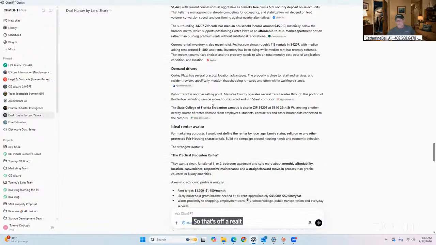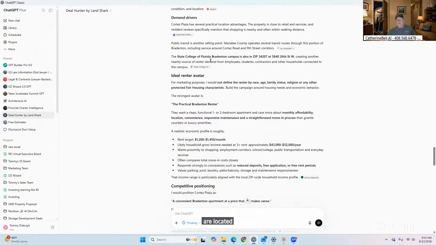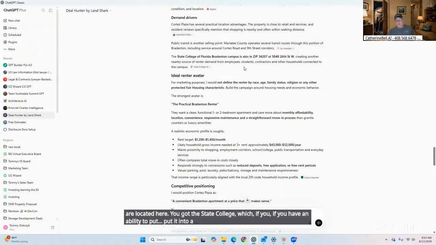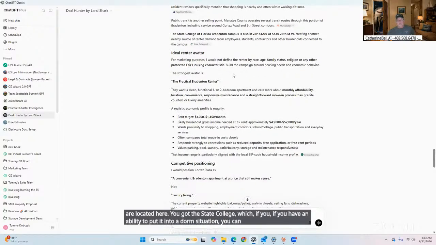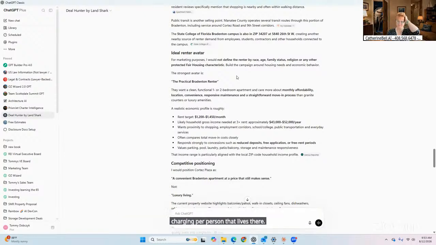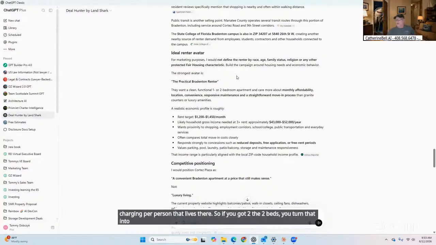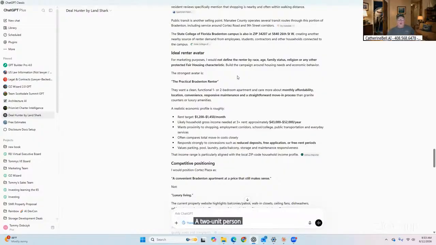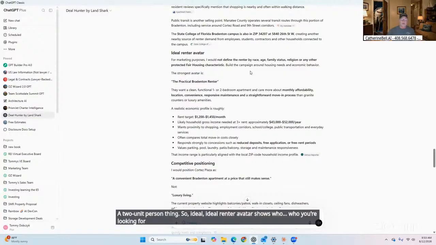Demand drivers are located here. You got the State College, which, if you have an ability to put it into a dorm situation, you can adjust the metrics on that as well, charging per person that lives there. So if you got two beds, you turn that into a two-unit per-person thing. The ideal renter avatar shows who you're looking for is the practical Bradenton renter.